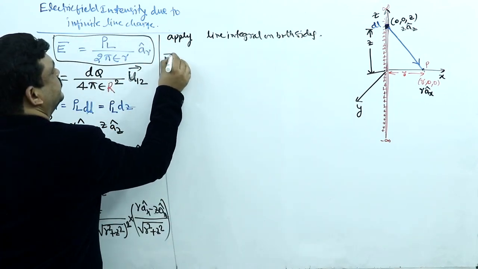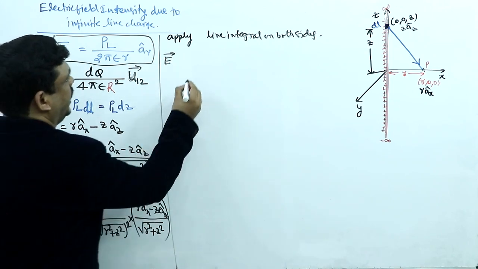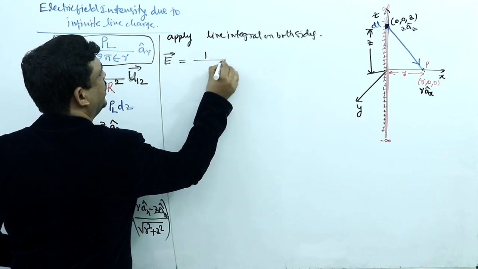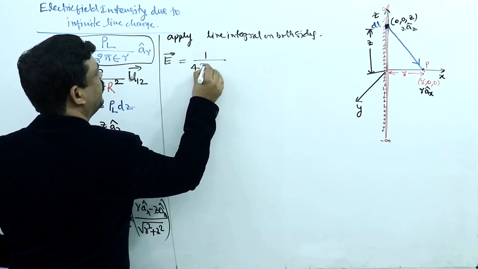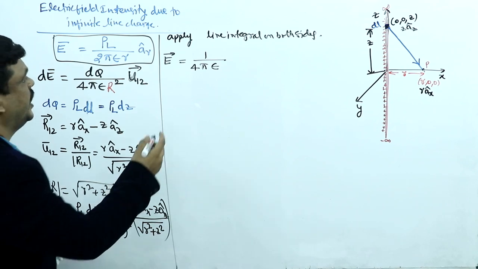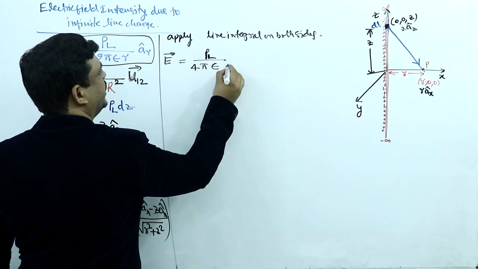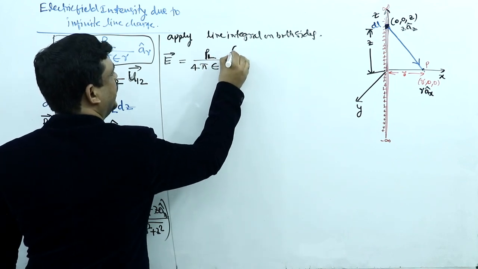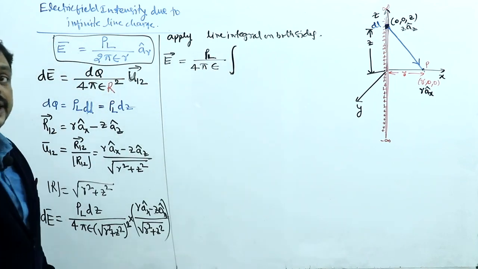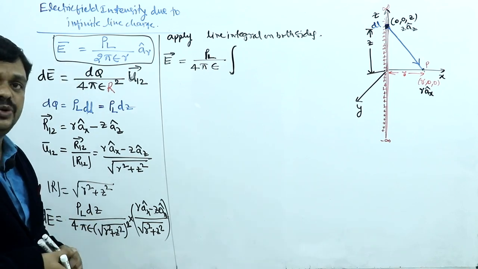Then it becomes the electric field intensity E is equal to, this cancels, and the constant terms I write outside: 1 by 4 pi epsilon, these are constant terms, and rho L, the line charge density, is also constant, right? That I also write outside, and the remaining part I write as a line integral. With respect to which axis? The z axis, with respect to z.